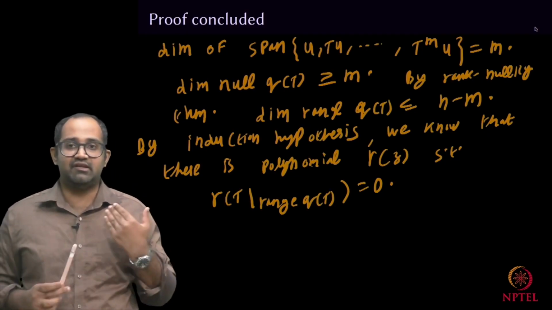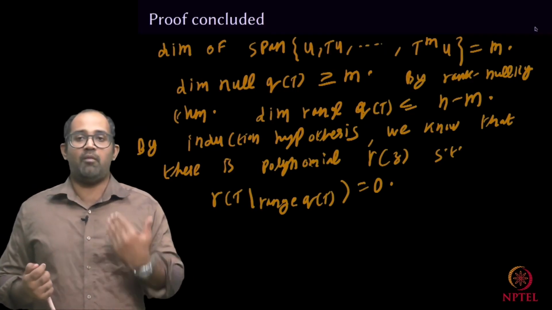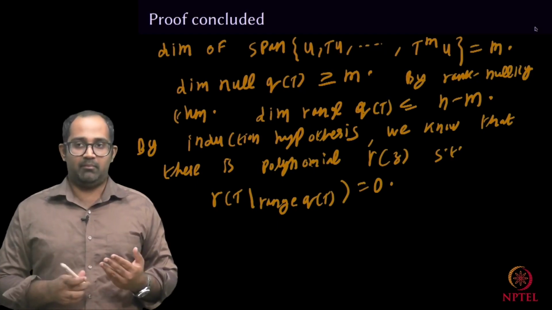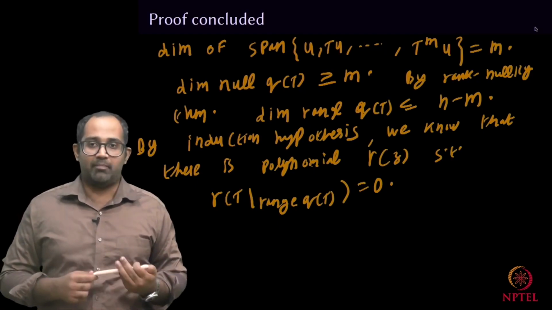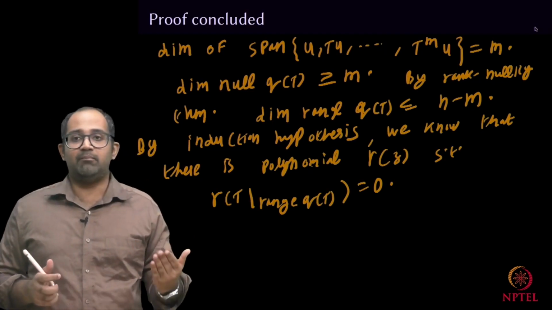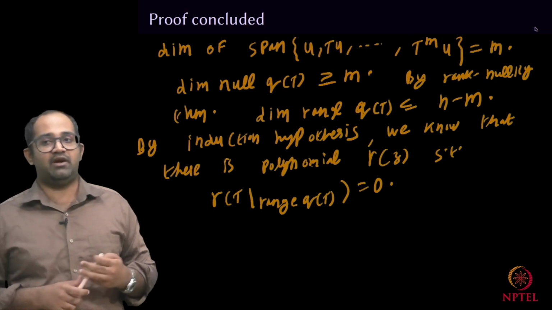In fact, that's the reason why we even consider evaluating polynomials on operators. If you take an operator, plug it into a polynomial, you get another operator, and the original operator is invariant on both the image and the null space of the evaluated operator.